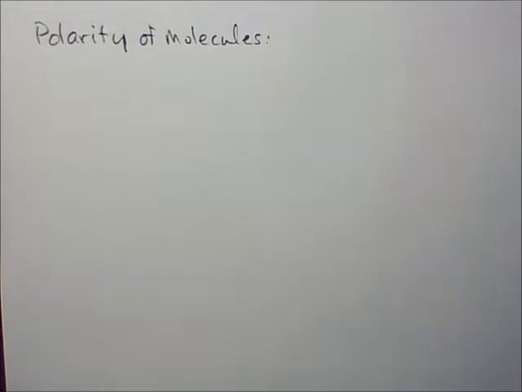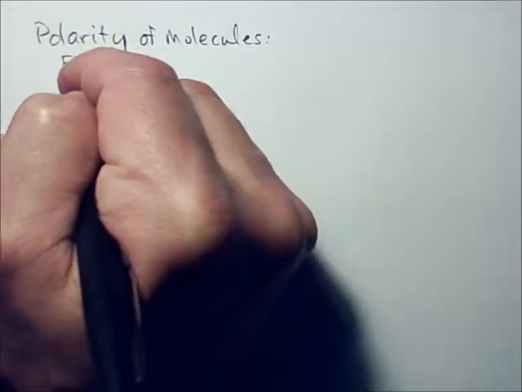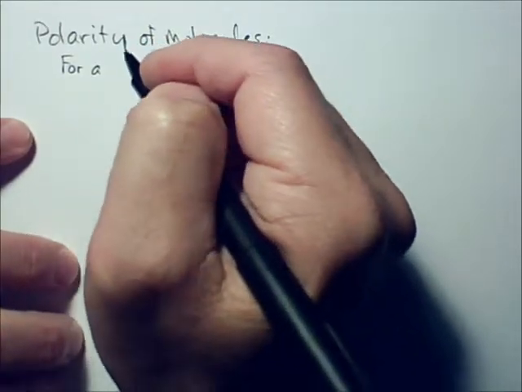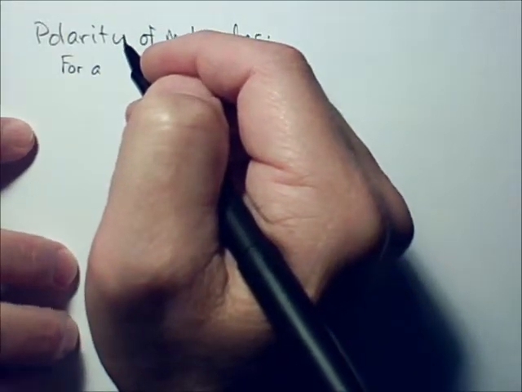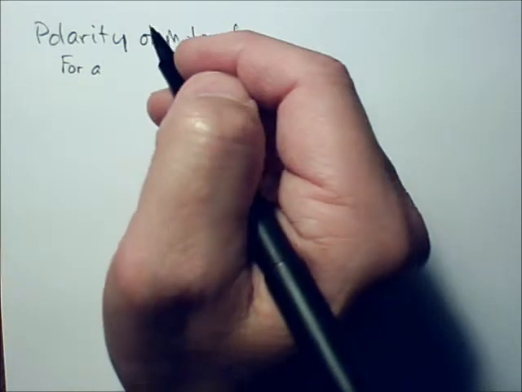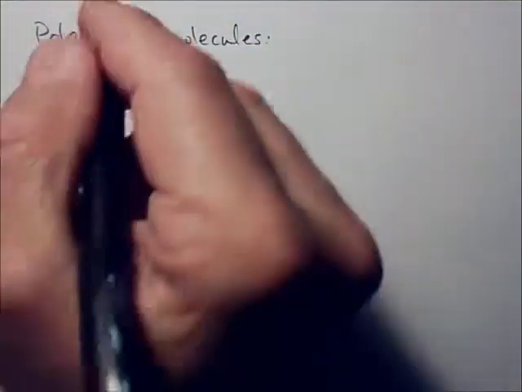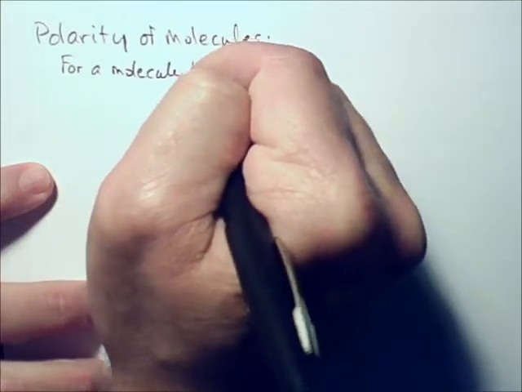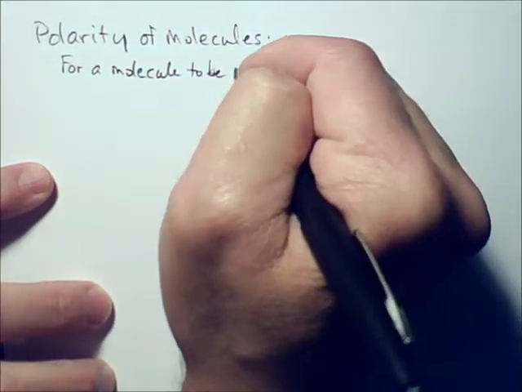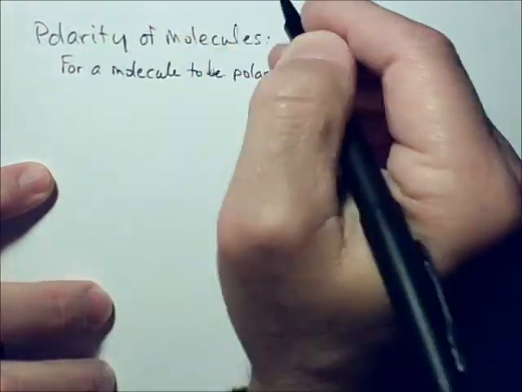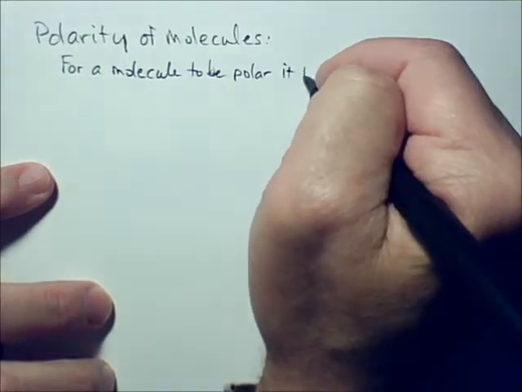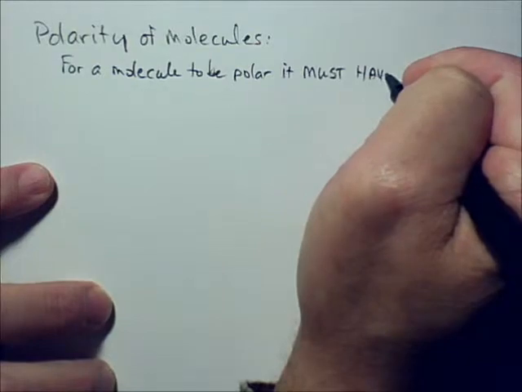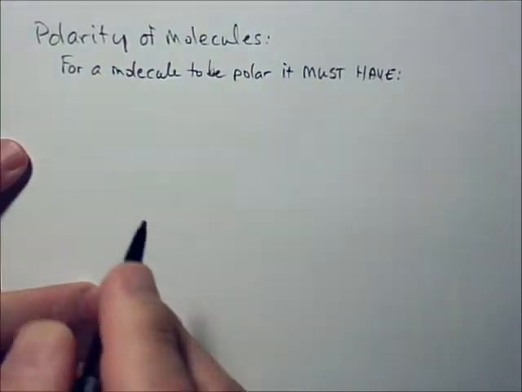For a molecule to be polar, and only molecules are polar, well, for now let's leave it at that. There's always exceptions, okay? For a molecule to be polar, it must have two things, okay?